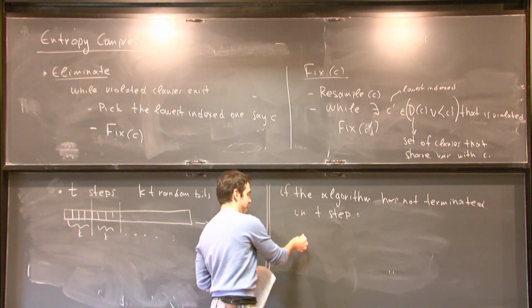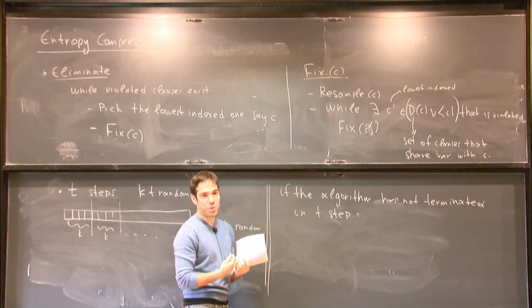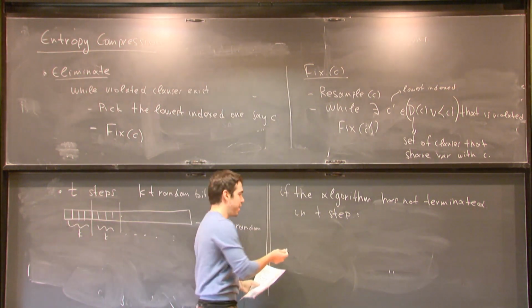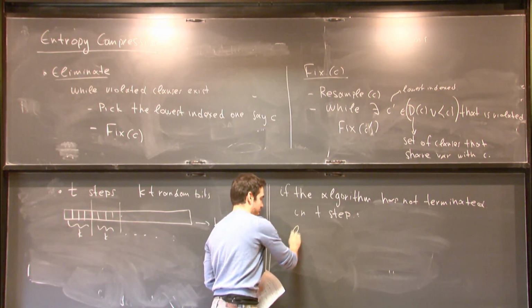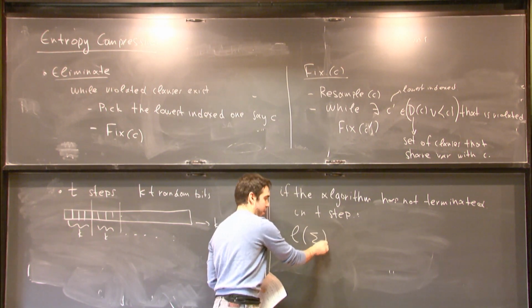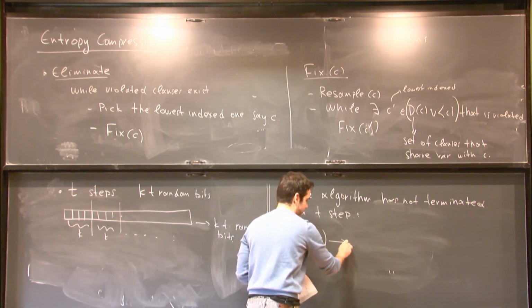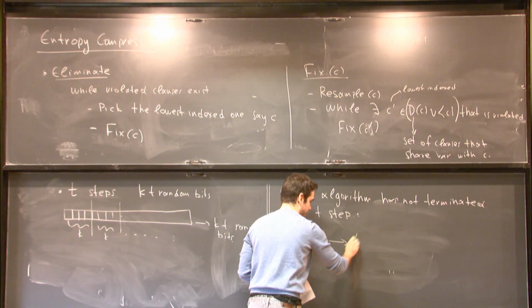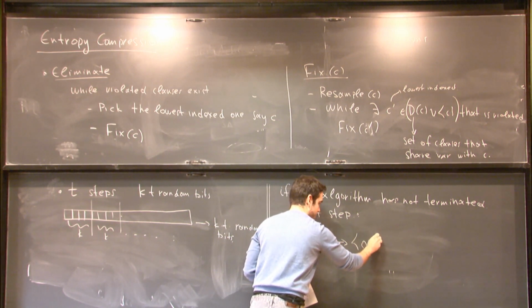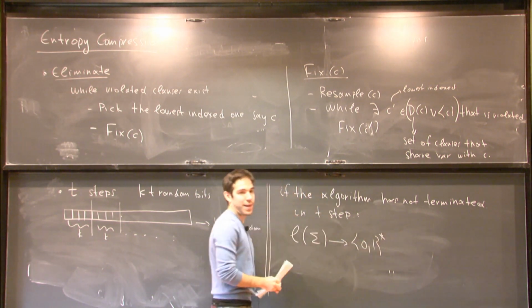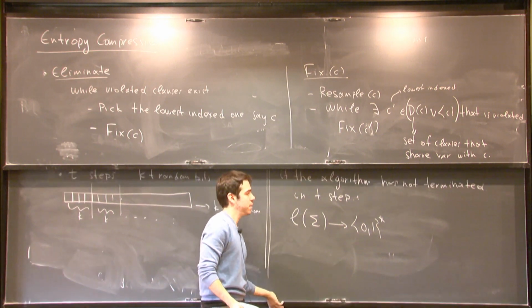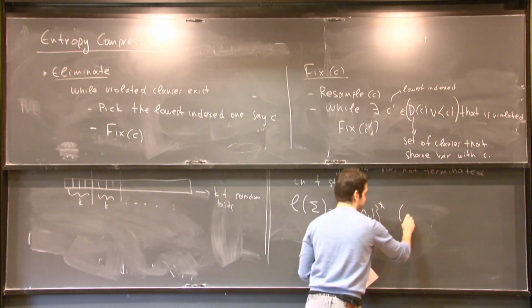Then I will be able to produce a log of the execution. Think of it as a mapping from the binary string I read to some other binary string that has the following property. I'm going to call this the log of the execution.